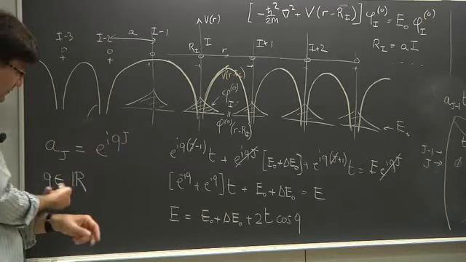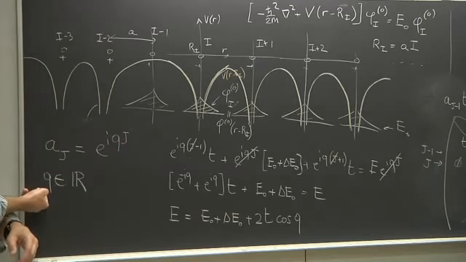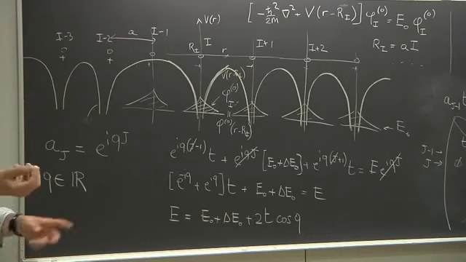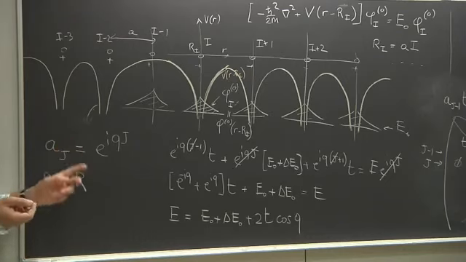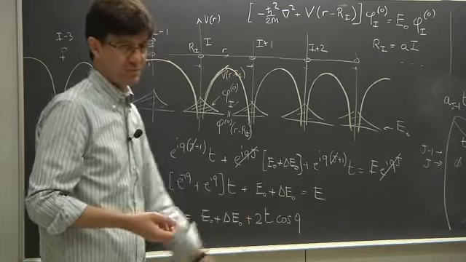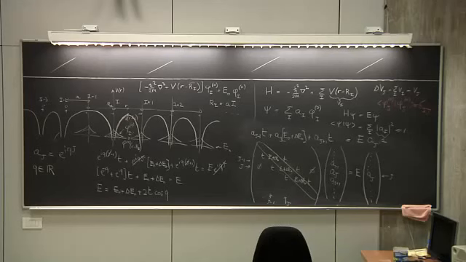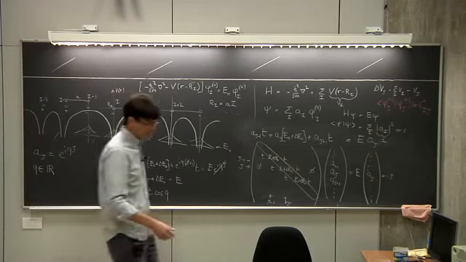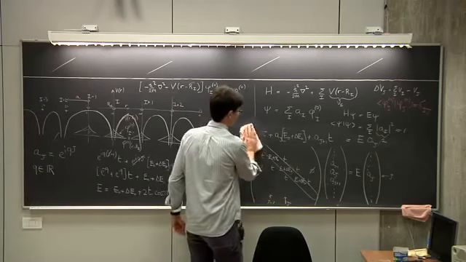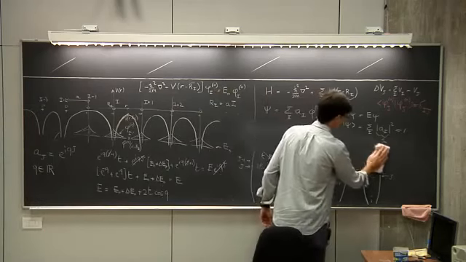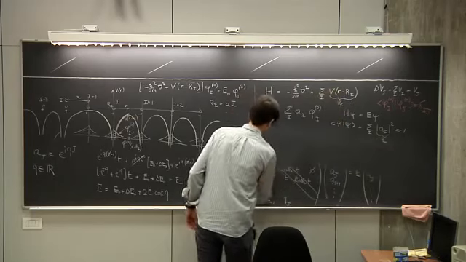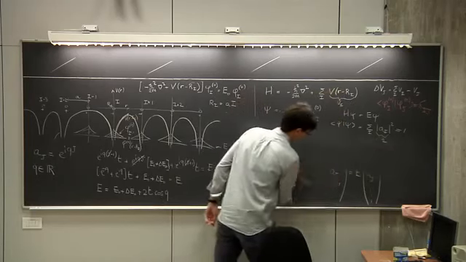So if the problem is solved for a given q, q plus 2 pi gives exactly the same solution and exactly the same energy, obviously, because the cosine is periodic in 2 pi. So there's something interesting here. I did find infinitely many solutions, but yes?